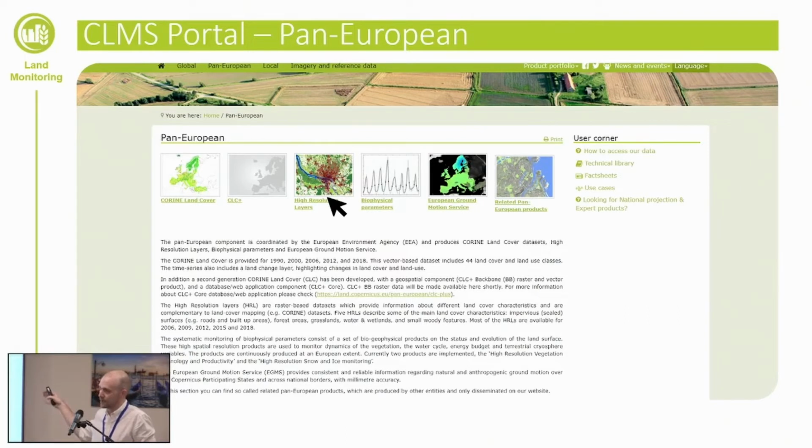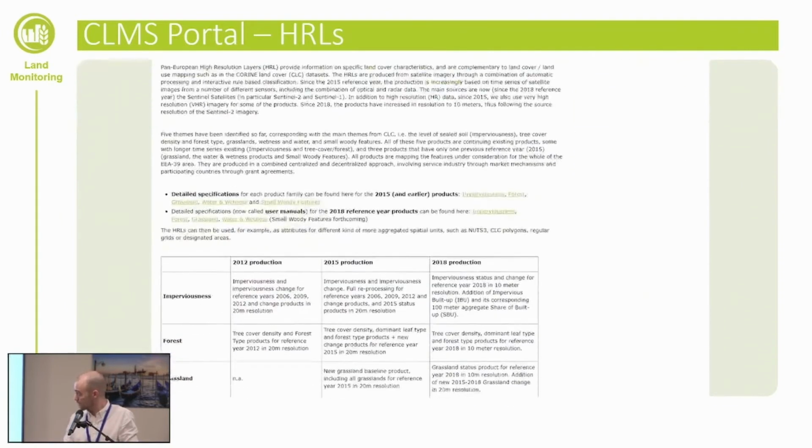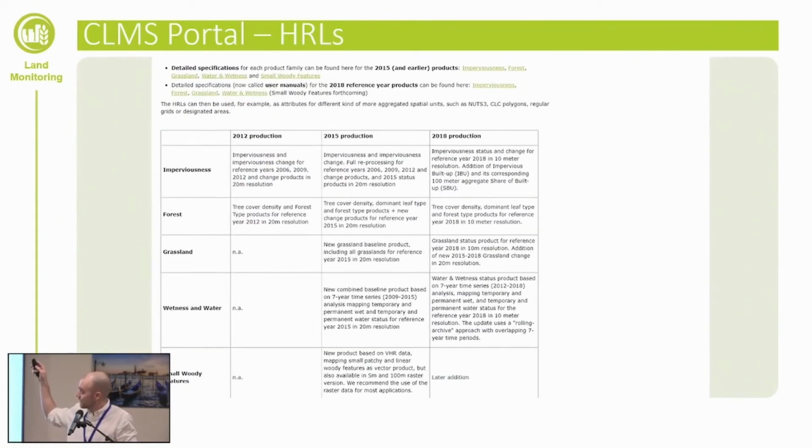As we go deeper into the products, we have a summary description of that product and the component itself. If we enter the high-resolution layers, we get a descriptive text. We also get linkages to the product user manuals, which are in the technical library and go more in depth into the description of the layers and services and how to use them.